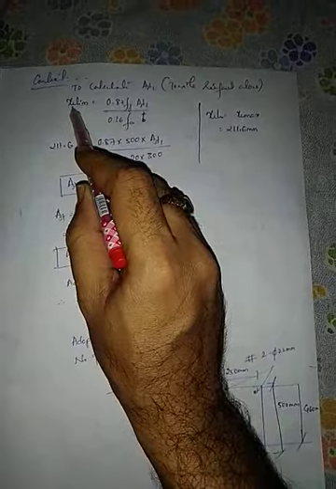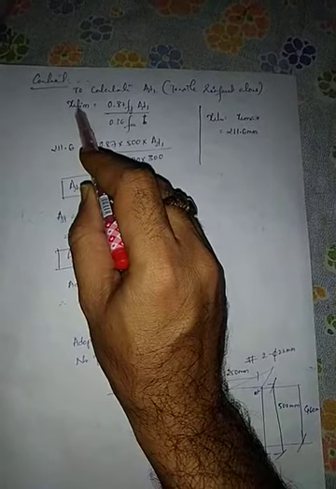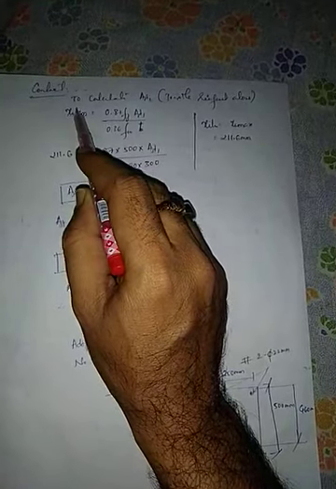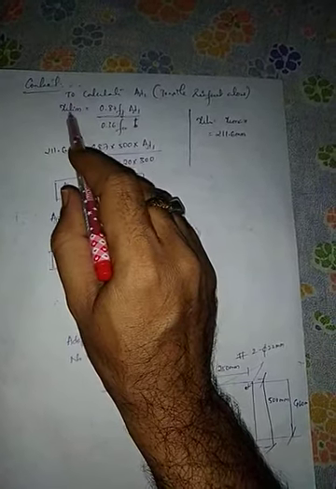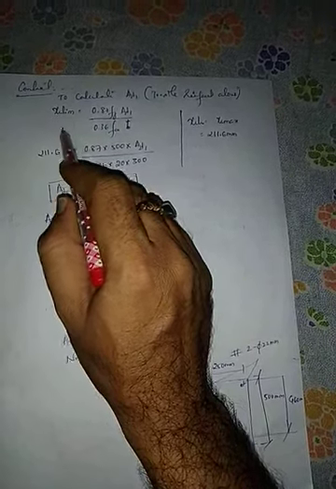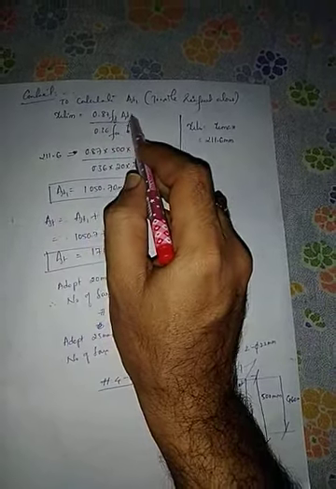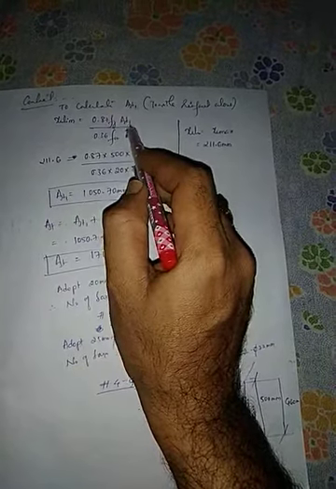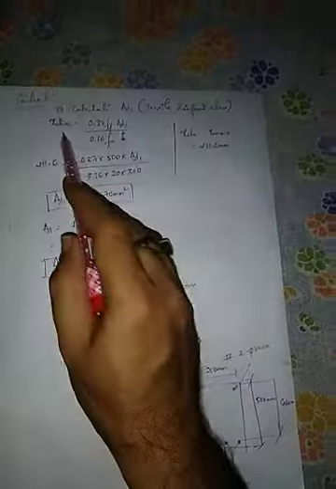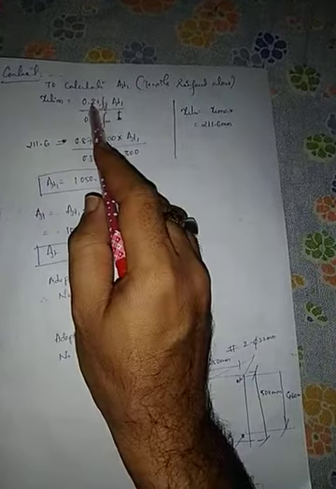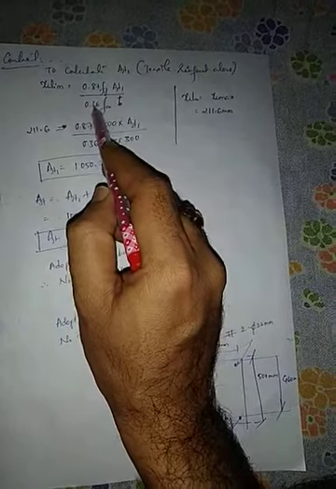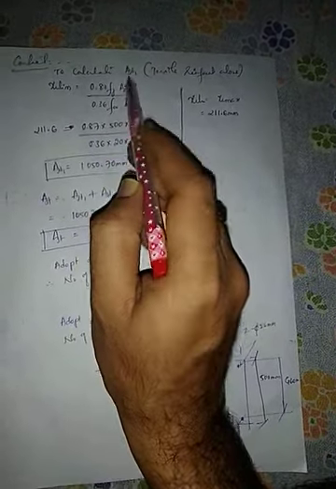Here I will calculate for XU limit. If you substitute XU limit, this is the same formula we have on page number 96, annexure G. Instead of XU limit there they have given XU by D, 0.87 Fy AST, and instead of AST1 there AST is there, 0.36 FCK B into D. So here to calculate, 0.87 Fy AST1, this is important, equals 0.36 FCK into B into XU limit.